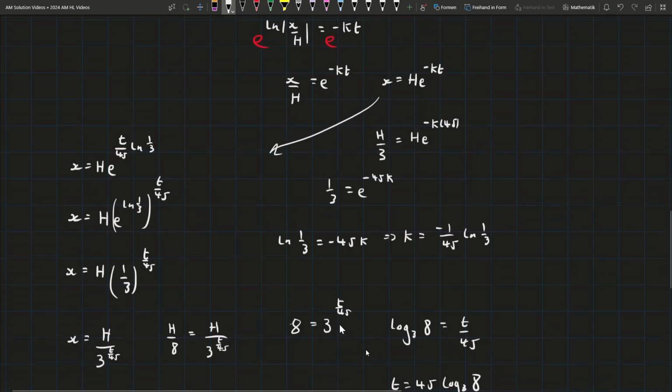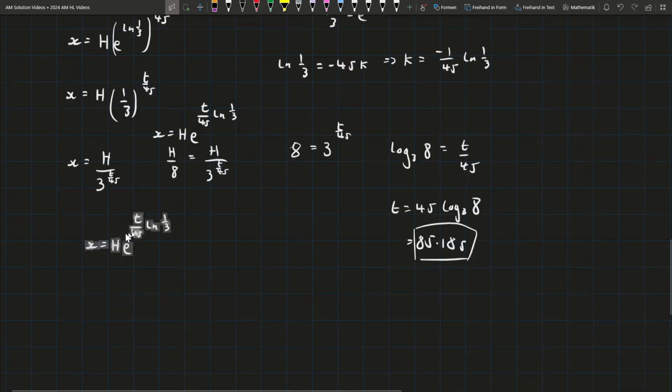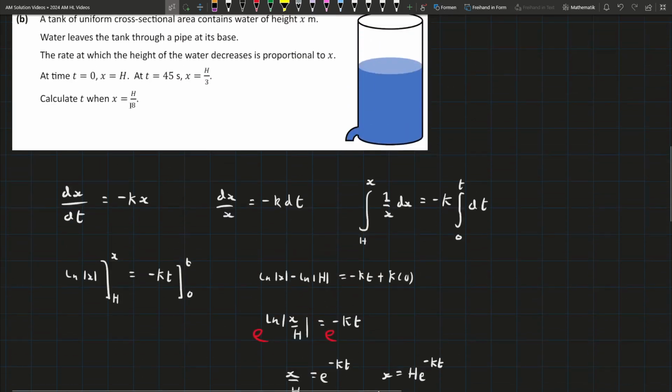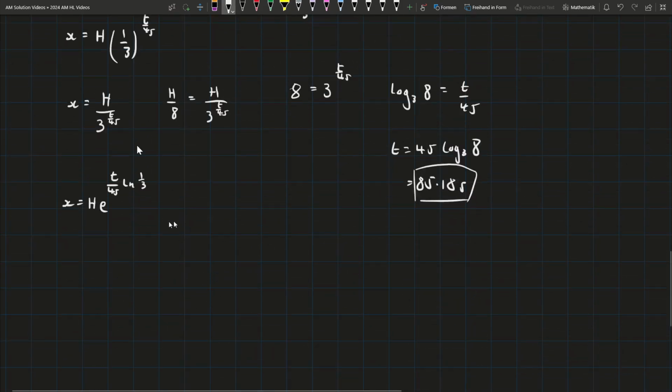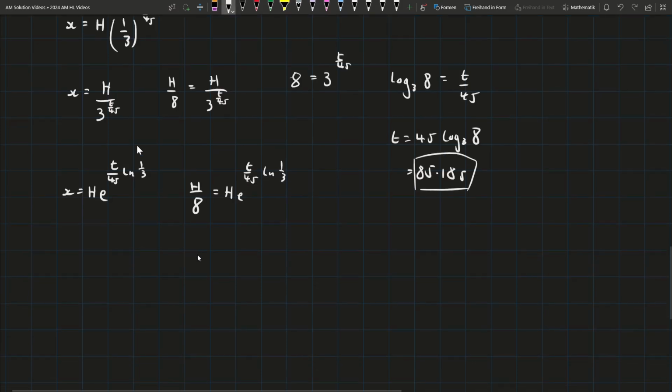I'll quickly go through it. If we decided not to do all that messy simplification, you can leave it like this, that's no problem. I'll copy it down here. We want to see what t is when x is h over 8, so we get h over 8 equals h e to the t over 45 ln a third. You'd get an eighth equals e to the, because the h's will cancel.